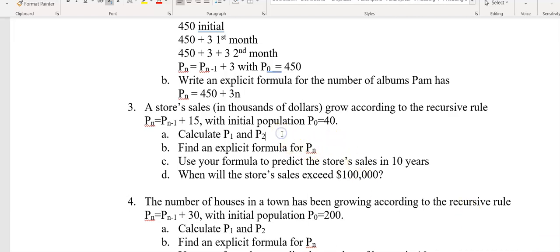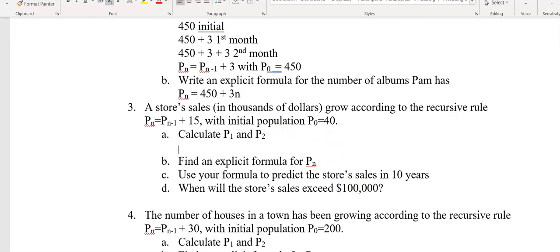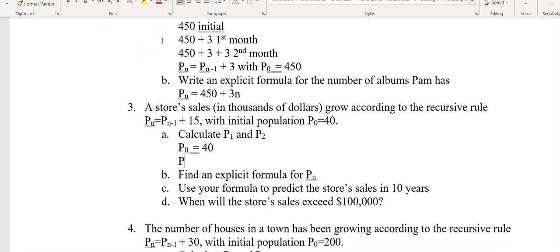So if we think about the way this works, all right, our P sub 0 is 40. So our P sub 0 is really the initial amount. 40. And then month 1, we're going to take the $40 that was initial, or 40 whatever. I guess, yeah, it's thousands of dollars, it says.